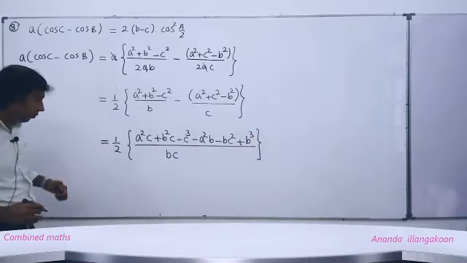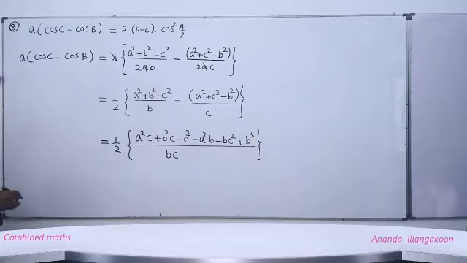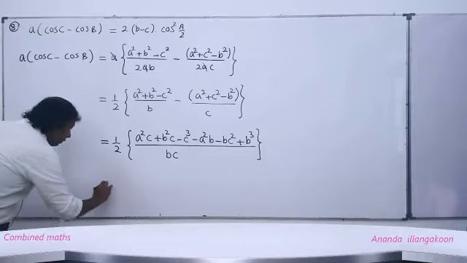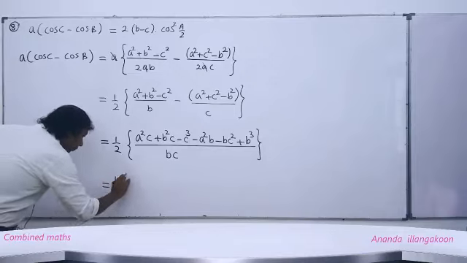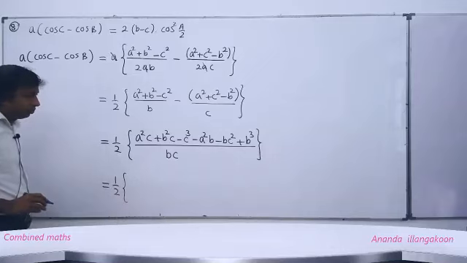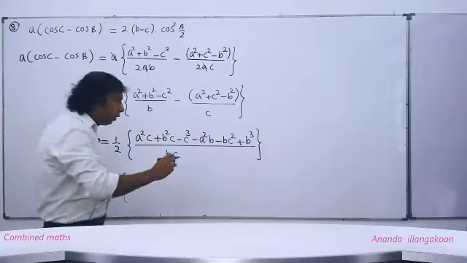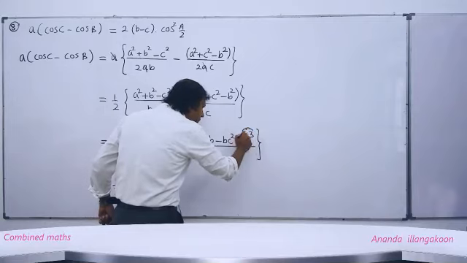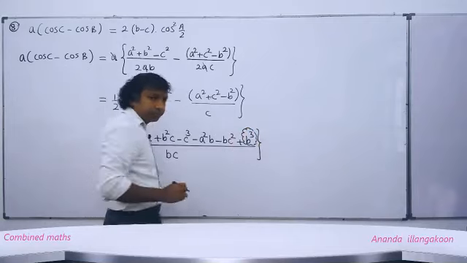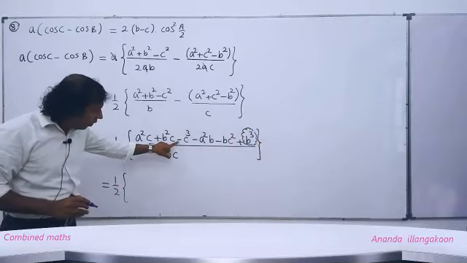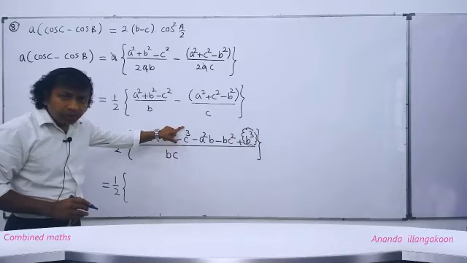Now this is what I do next. Here we have B cubed, this term, and here we have minus C cubed. I take them together.